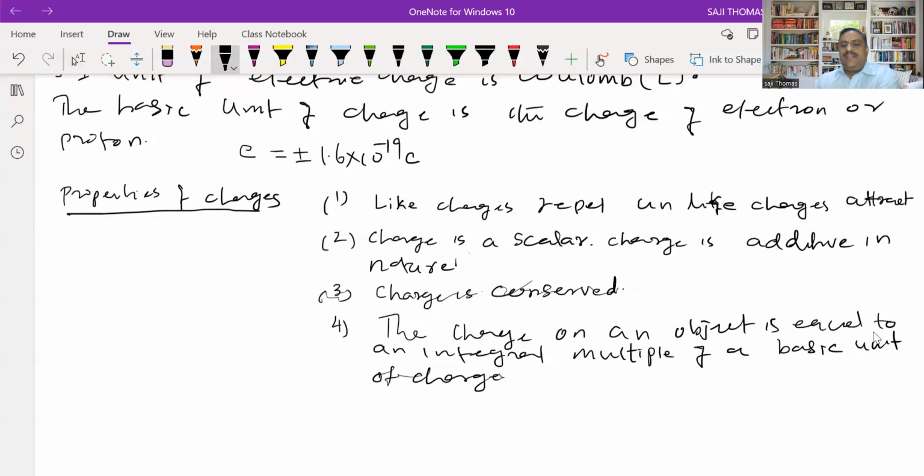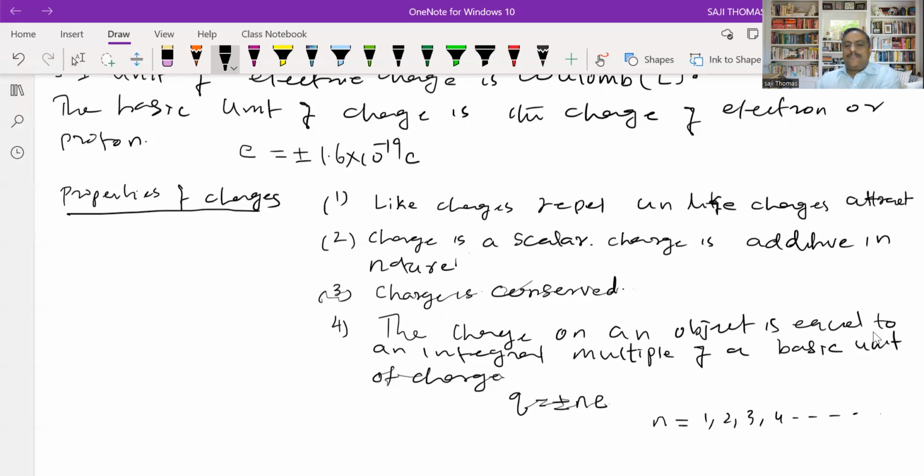So mathematically we can write Q is equal to plus or minus n e. What is this n? n is an integer: 1, 2, 3, 4, etc. n cannot be 0. n is an integer, and n cannot be fractions, like 1 by 3, 1 by 2. This experimental fact is known as quantization of electric charge.